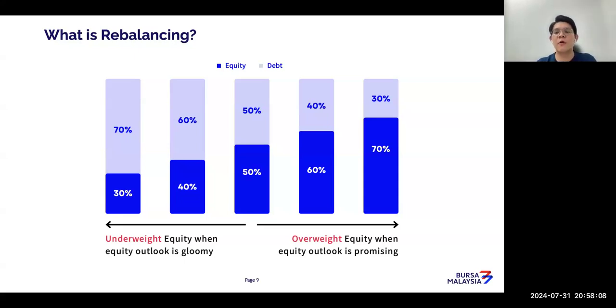For the asset classes, we need to see the valuation of both markets, whether the bond market right now is overvalued or undervalued, and whether the stock market is overvalued or undervalued. If the stock market is overvalued, we sell off some shares, reduce the allocation, and add more in the bond market, to hedge our risk and make it more diversified.